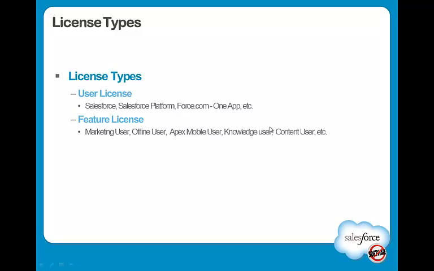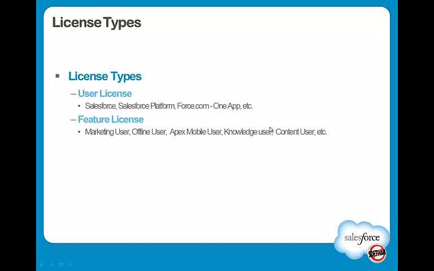Now let's talk about licenses. So what are the different types of licenses Salesforce has, and how they are categorized. So by default, at a very high level, Salesforce categorizes them into two. The first one is called the user license. The second one is called a feature license.